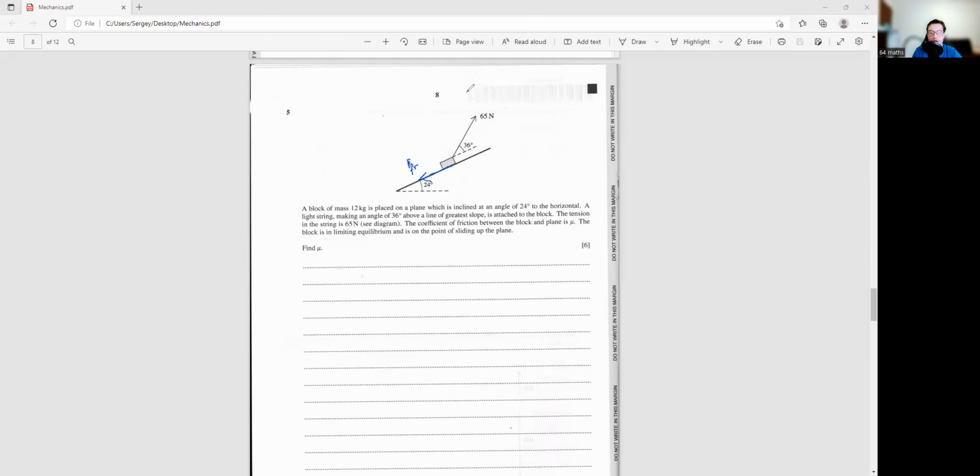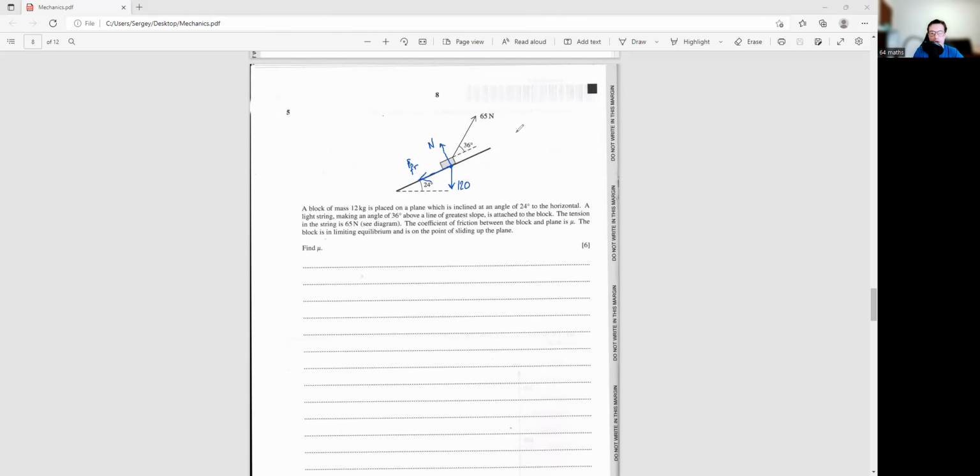Now, as always in these questions, let's draw the complete force diagram. We had the weight of the block, and it has a mass of 12. So the weight is going to be 120. We also have the normal reaction, which is perpendicular to the surface. And I don't see any other forces acting on this object.